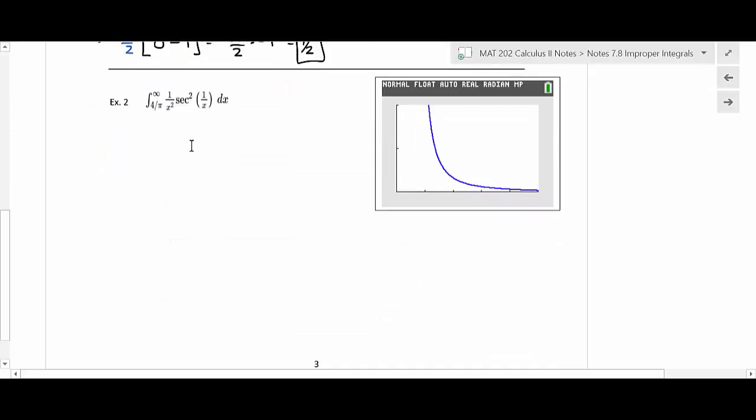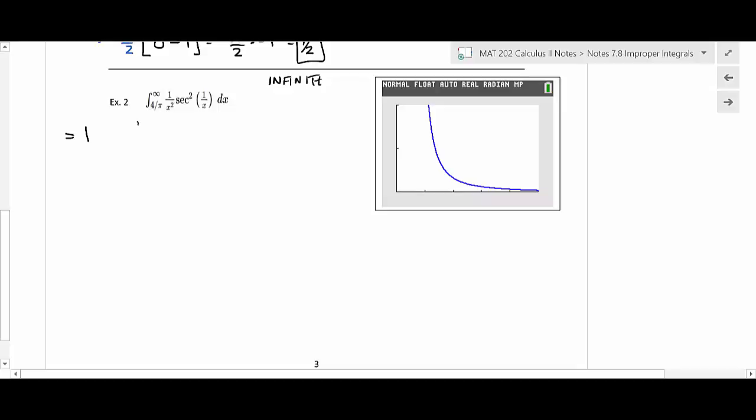Okay, let's take a look at the next one. Again, this is an example where you have an infinite limit of integration. Anytime you have infinity in your limits of integration, you want to change it to a limit.